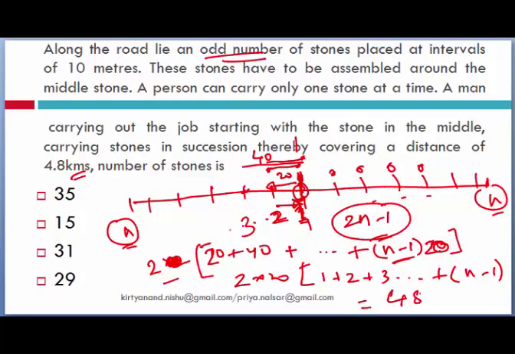We can write it as 4800. Okay, and we have to divide it, it becomes 2400. Take it off, it becomes 120. That becomes easy.